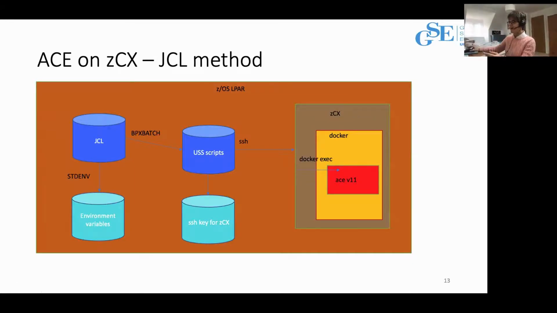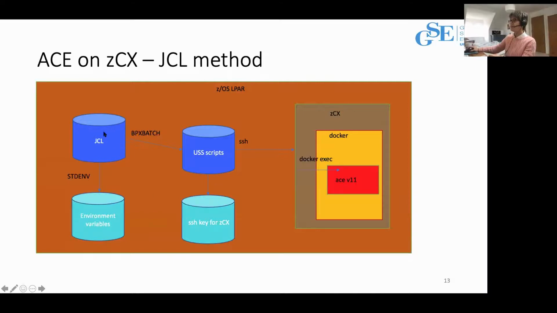It's just an env file, so however you want to do it. And this tells the product things like the IP address of your zCX, the user ID you want to use on it, depending on what you're doing, the image name, the name of your broker, the name of your integration server, the ports you want to use, all information like that. That's all stored either in Unix System Services or in a PDSE.